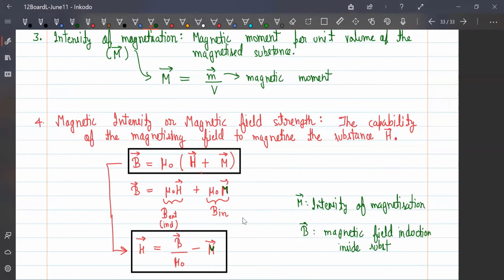So that is responsible for internal magnetic field. And B is total magnetic field induction inside substance. B को हम कह सकते हैं total magnetic field. तो अंदर वाले का सम प्लस बाहर वाले से जो induce हुआ, दोनों को मिला के.